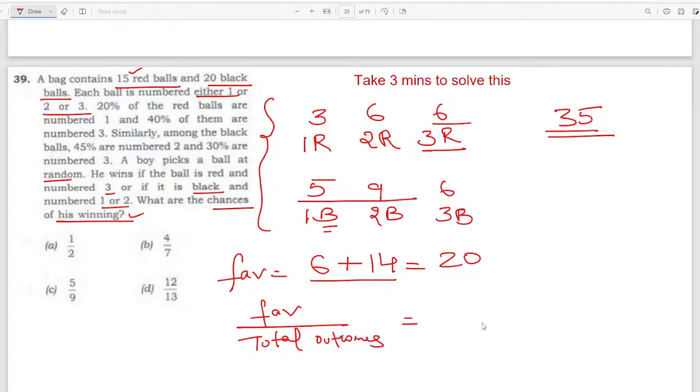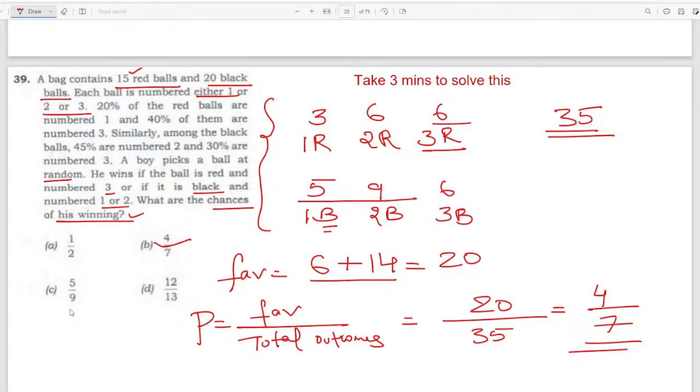He can pick 35 in total, 20 plus 15, and favorable is 6 plus 14, which is 20. 5 fours are 20, 5 sevens are 35. Probability is 4 by 7. Probability of winning is 4 by 7. The option is B. I hope this is clear. If you have any doubts, please ask.